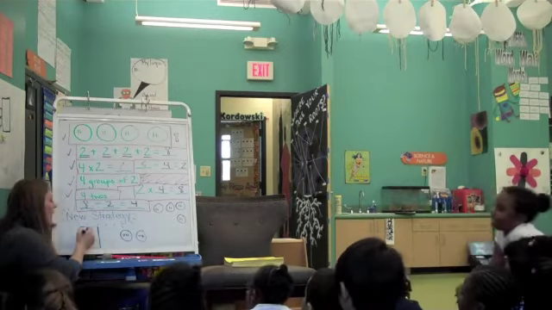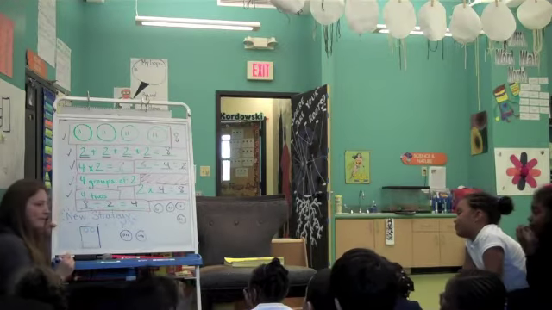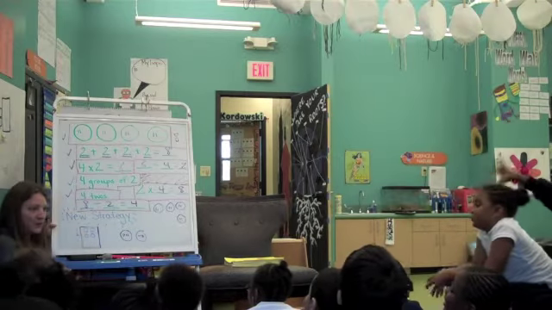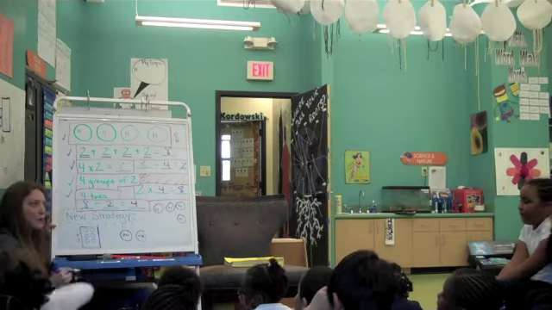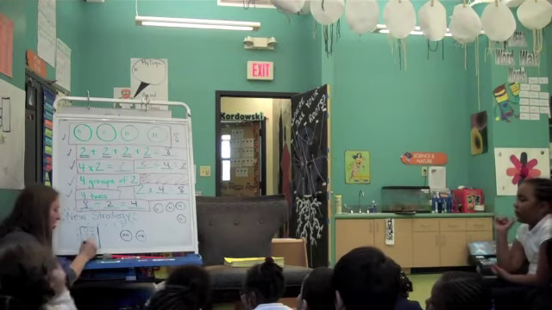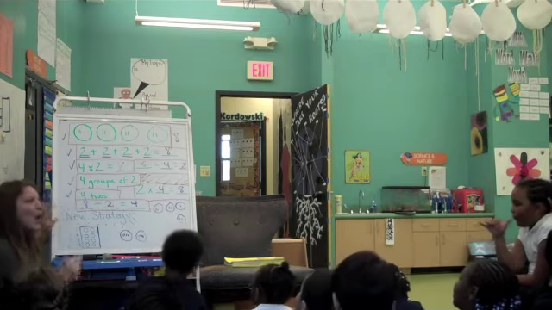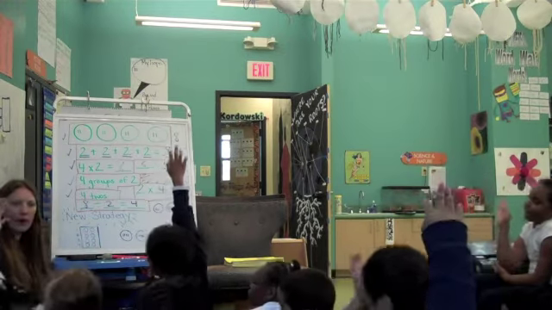So I have 1 group, 2 groups, 3 groups, 4 groups. How come I only put 2 in each group?